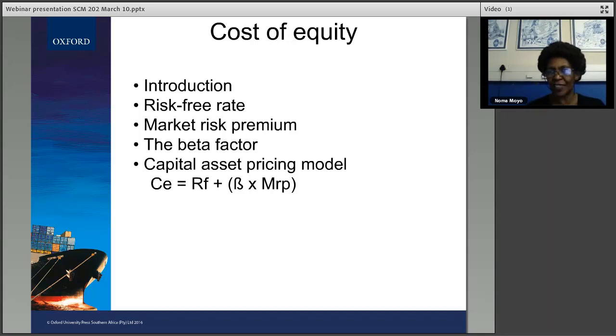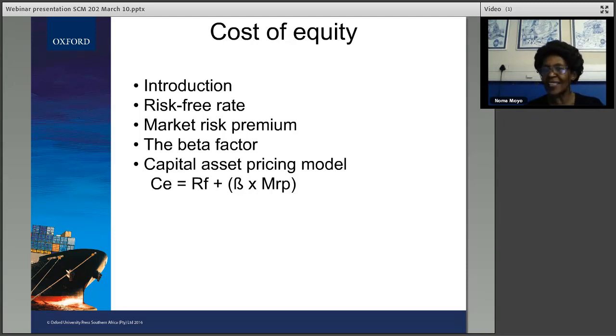What is cost of equity? Cost of equity is the amount that you use for the capital that you have. We are going to look at the risk-free rate. Risk-free rate is equated to a bond because a bond has the minimum risk.